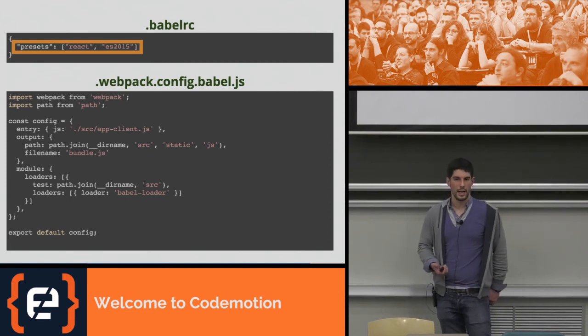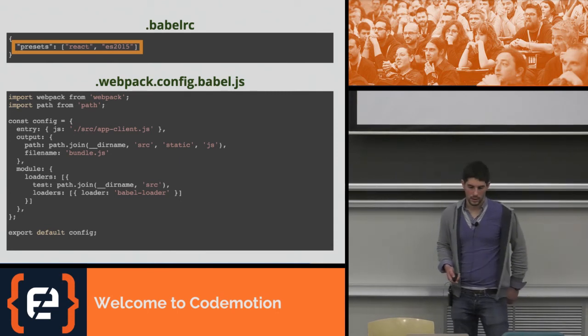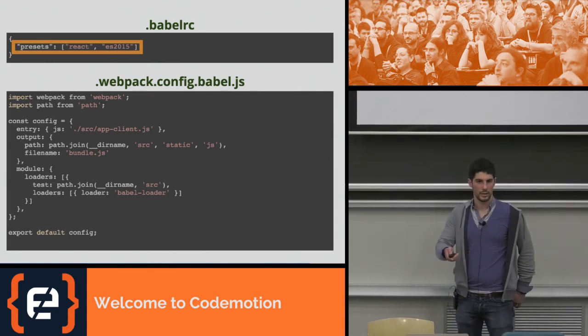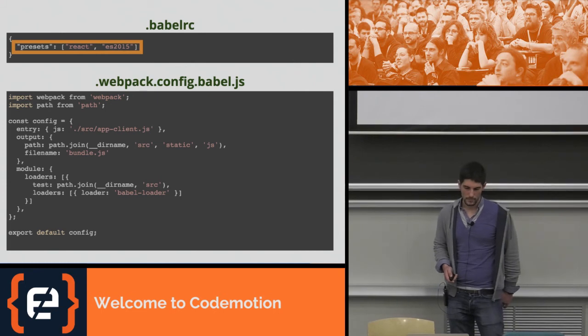So we are using the React extension and we are using ES2015. And in Babel, we already have some presets, so basically some extensive configuration that tells Babel, okay, my application speaks React and ES2015. Do whatever you need to do in order to make it work in any browser. So basically, we tell this with just this line of configuration.